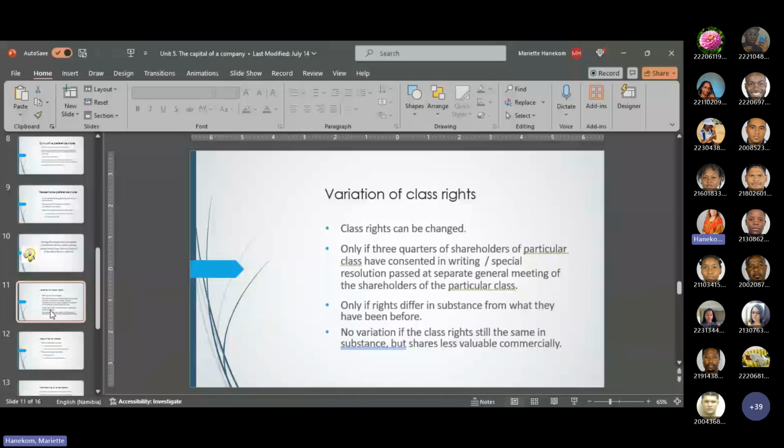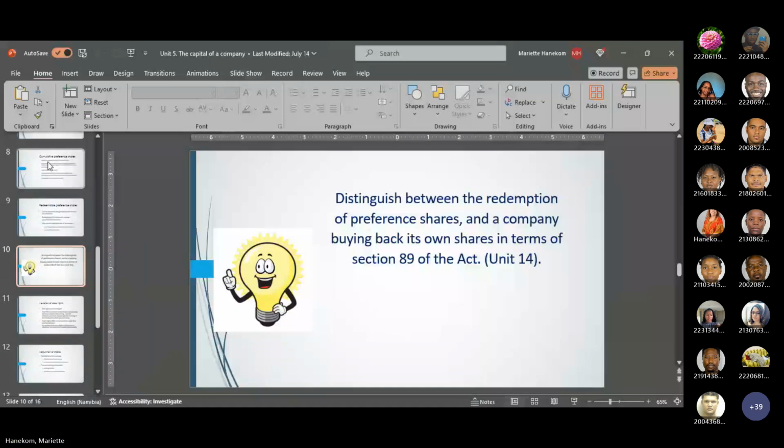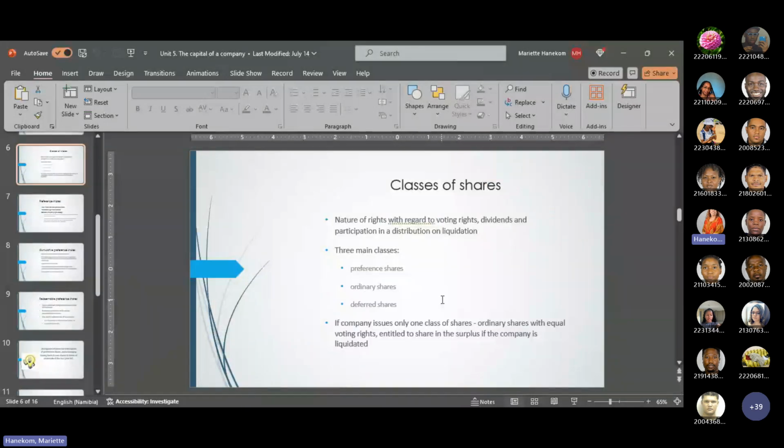Okay, so those are preference shares. I don't have slides here. Ordinary shares are literally just that. They are ordinary. They have the right to receive dividends, but they have to wait until the preference dividends have been declared. Then the third class that I mentioned, deferred shares, they stand third in the queue.